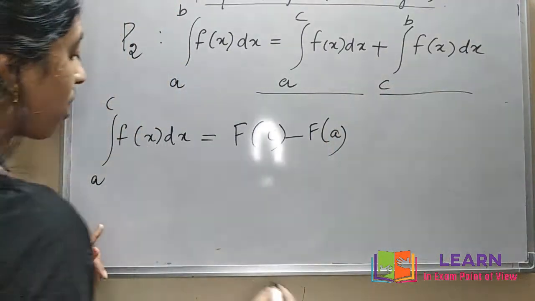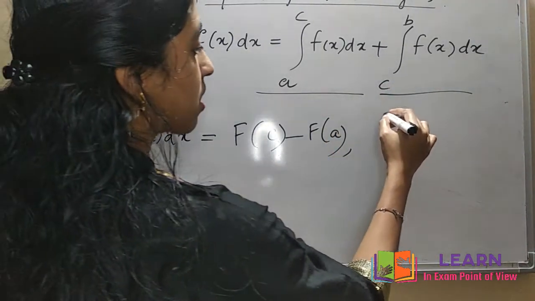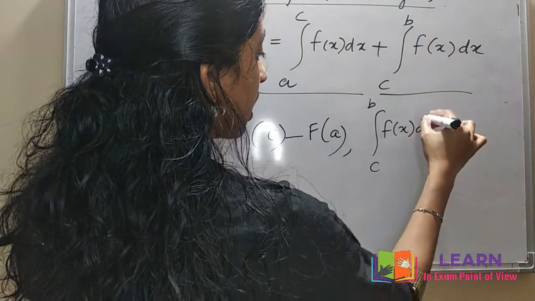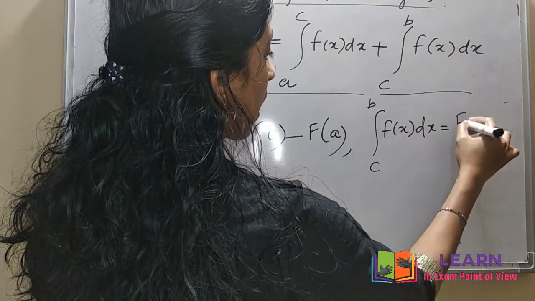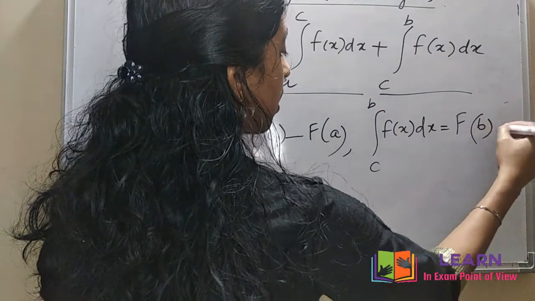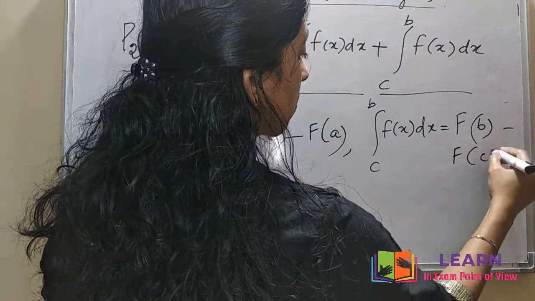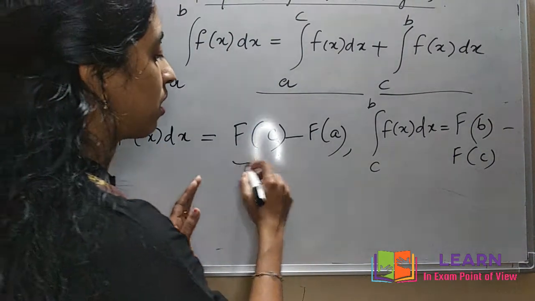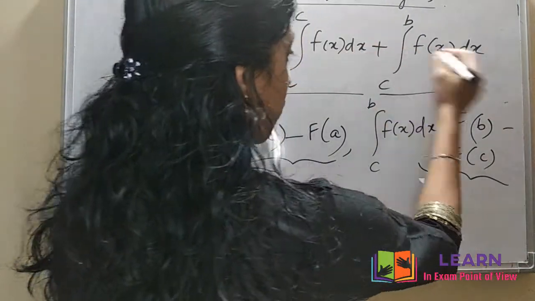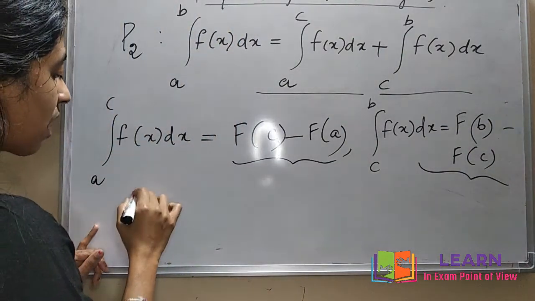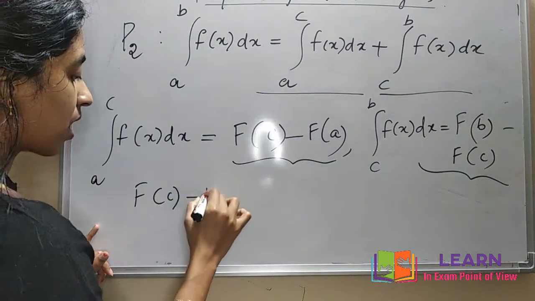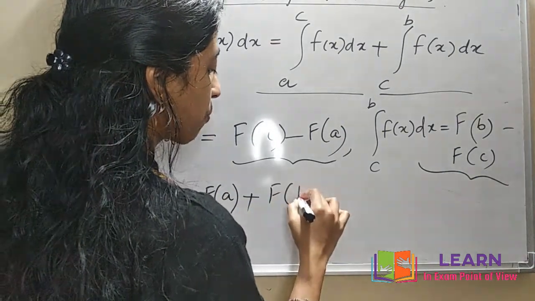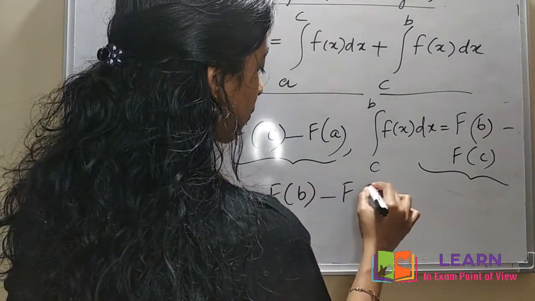Similarly, this term, integral c to b f of x dx, can be written as capital F upper limit minus lower limit, b minus c. Then add these two, right? Here we are adding these two, that is F of c minus F of a plus F of b minus F of c.